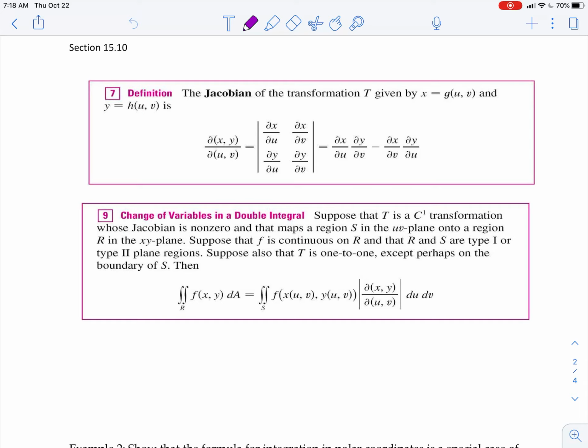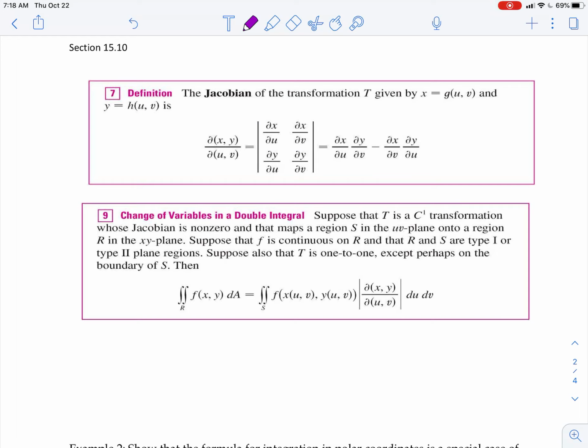So the Jacobian is the partial of x, y over the partial of u, v. Basically, we're taking every permutation that we can have with partial derivatives. We take the partial derivatives of x with respect to u, v and the partial derivatives of y with respect to u, v, and then we find the determinant from these.